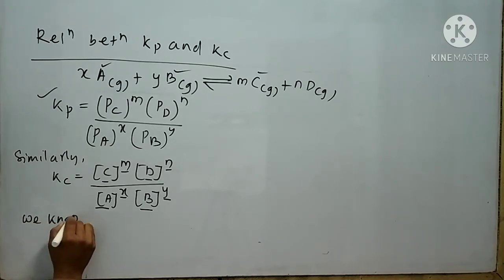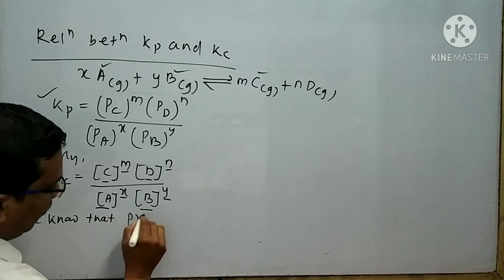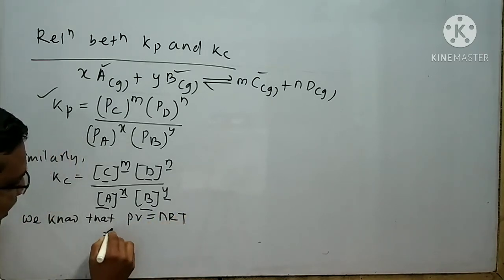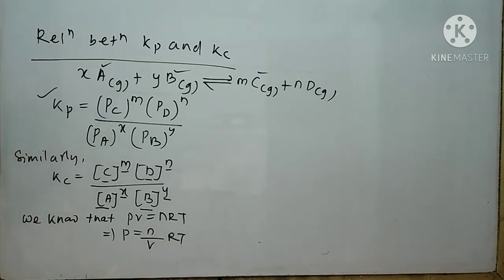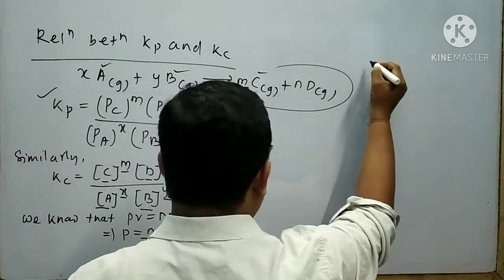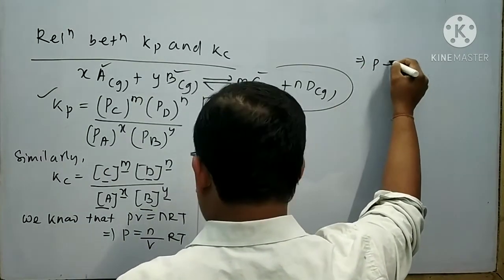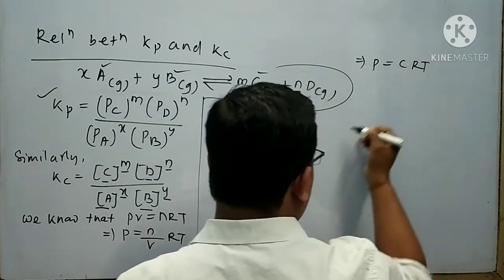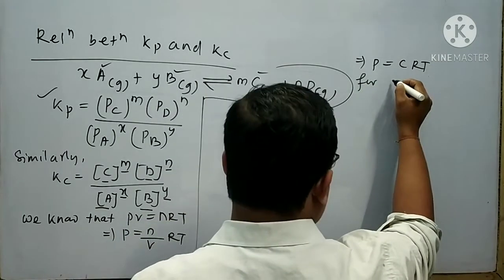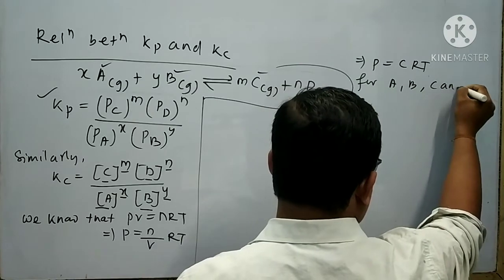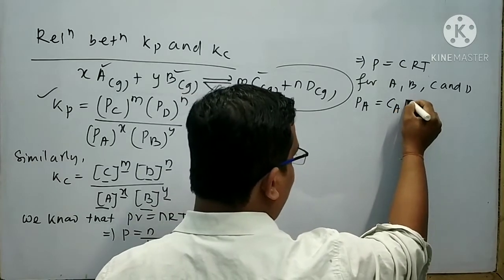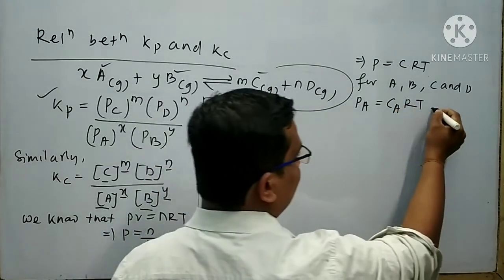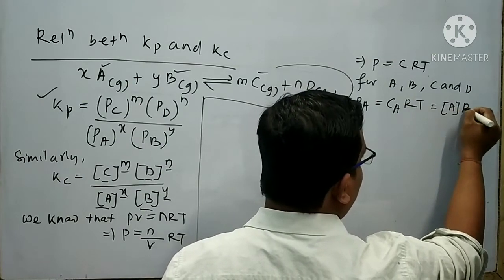We know that PV equal to nRT, which implies that I can write P equal to n by V into RT. We know that n by V equal to concentration, so I can write P equal to CRT. For A, B, C and D, we can write PA equal to CART, or simply concentration of A into RT.